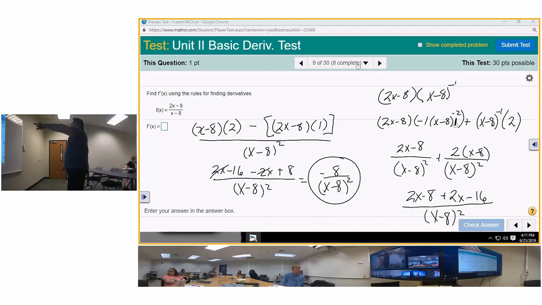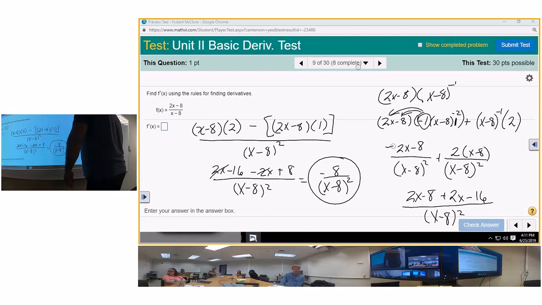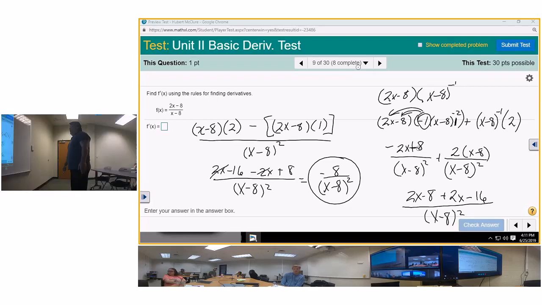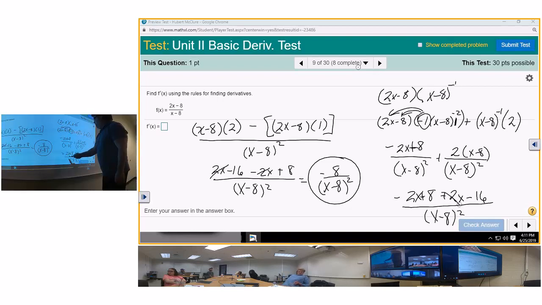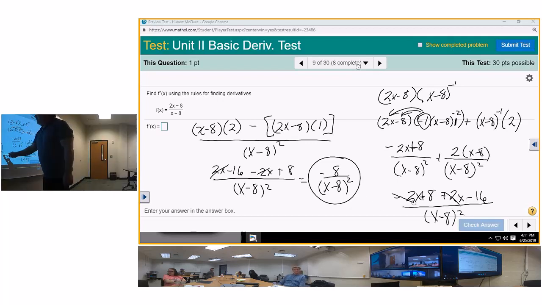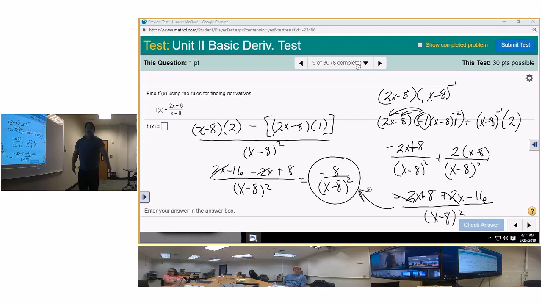Okay, that negative 1 right here. You're talking about this one. Yes. That's going to be negative 2x. There we go. Thank you. And that's going to make this negative 2x plus 8. And the negative 2's cancel. And what's 8 minus 16? Negative 8. So we got the same answer. Thank you.